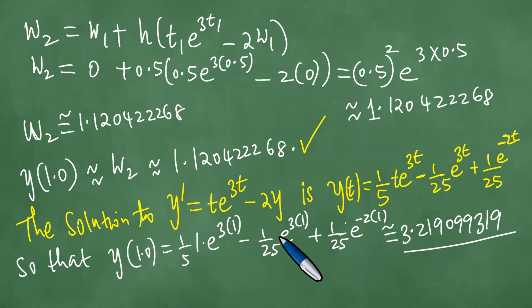Obviously, what we have is the Euler at 1.0 is approximately this, and therefore the exact one is this, 3.219. You can see that there's a very huge difference. Big, big difference. But note that. That's what we're getting.